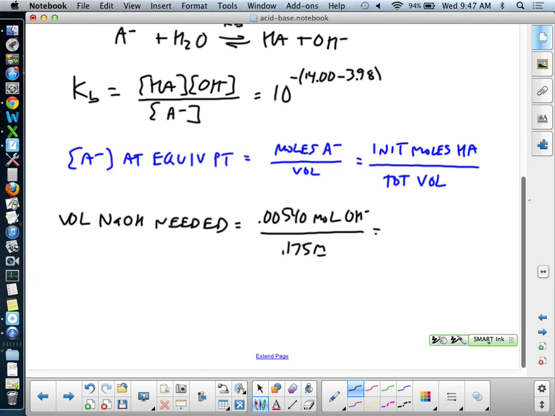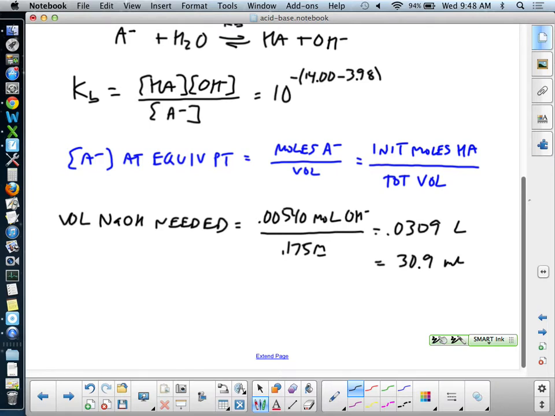That's 0.0309 liters, or 30.9 milliliters.